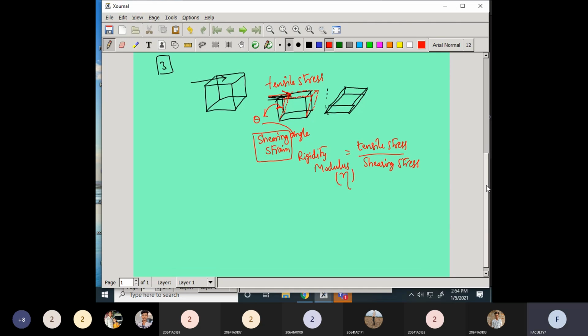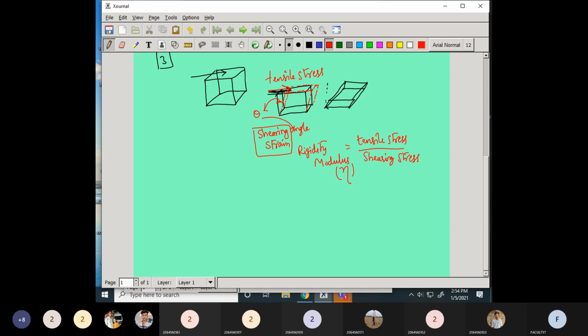Now again, if you want to write the formula, it is force applied per unit area, and here you consider this length as L. If you can redraw here, let me do one thing. Consider this as the original length L, and how much it has moved, let us consider this as delta L.